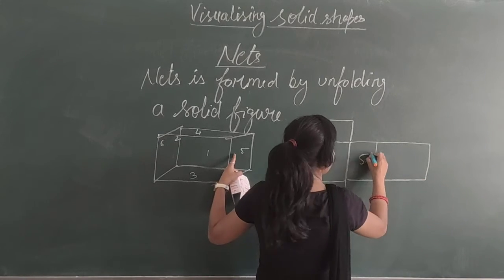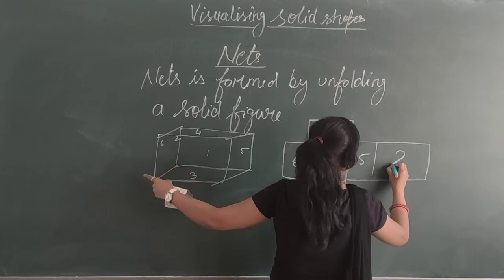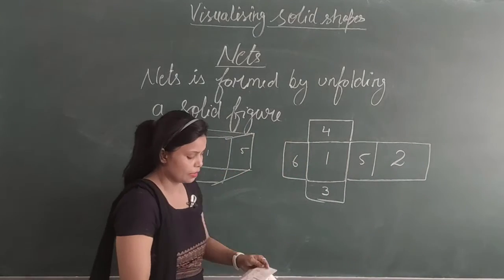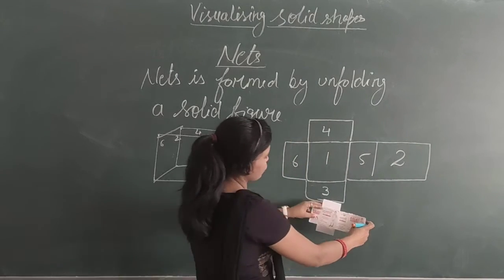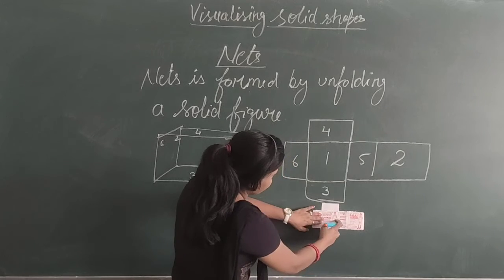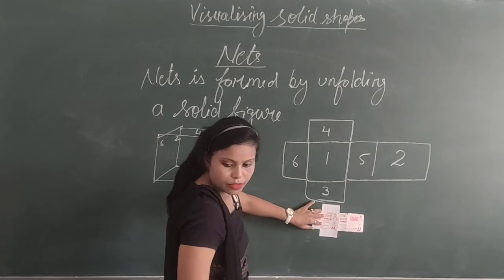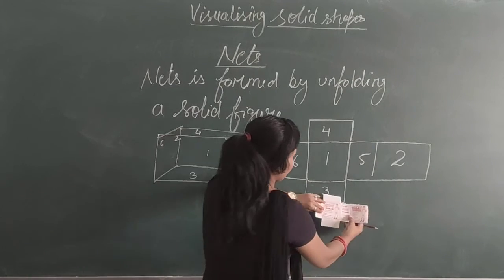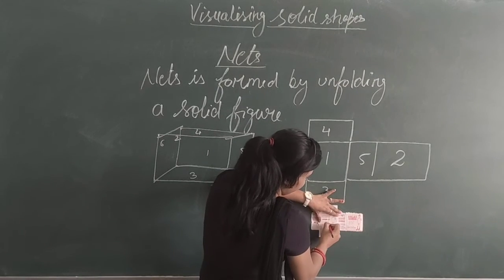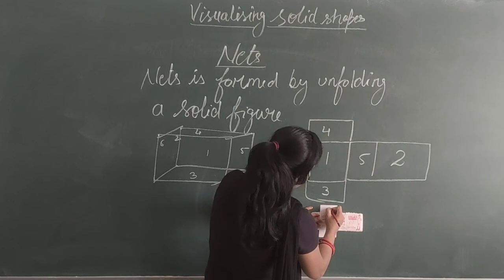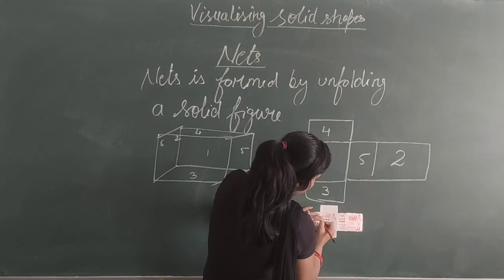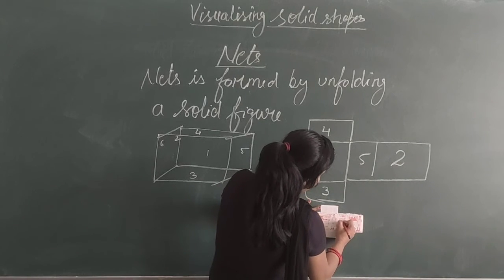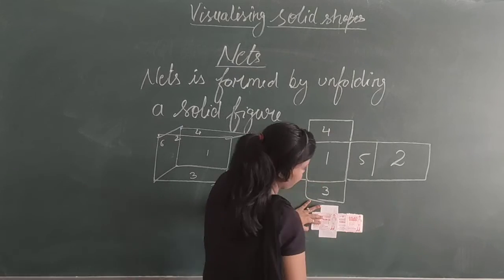Left side 5, and the back part is second part which will come here. This is the same representation I have shown you, right? So this was the first part. If I show you by pencil, this is the first part. Okay, this one was 4, 3, 6, 5 and 2.